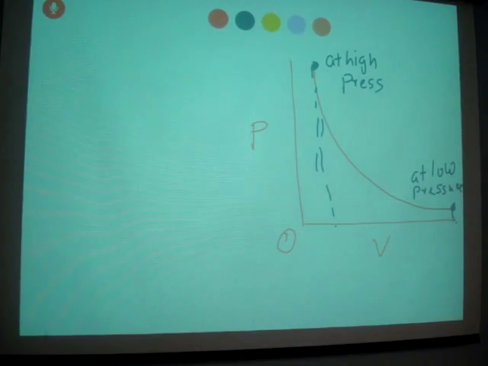So that's Boyle's law. I'm going to define it again.